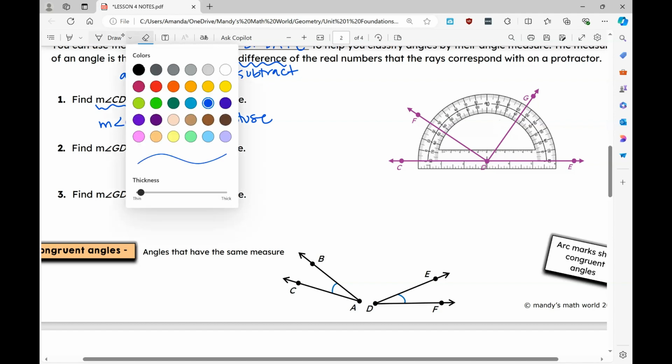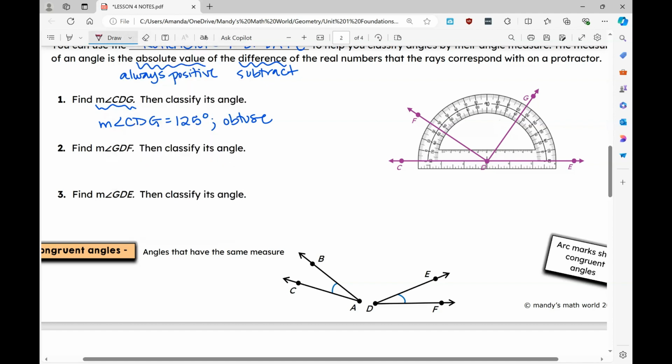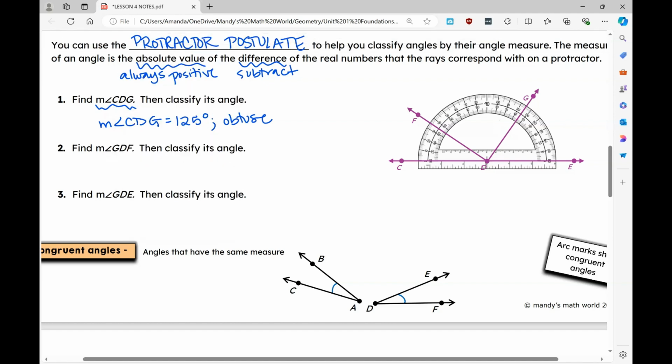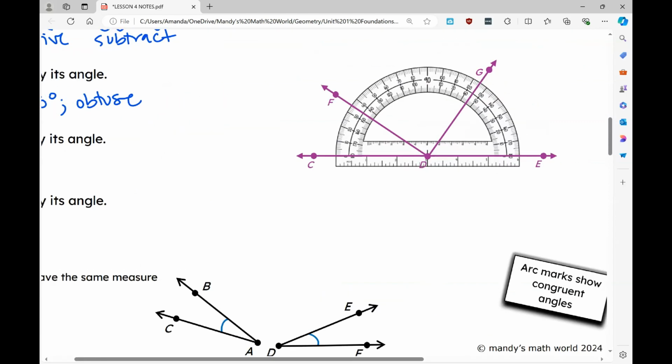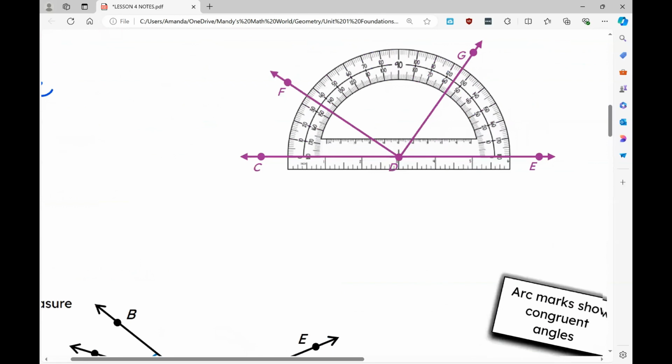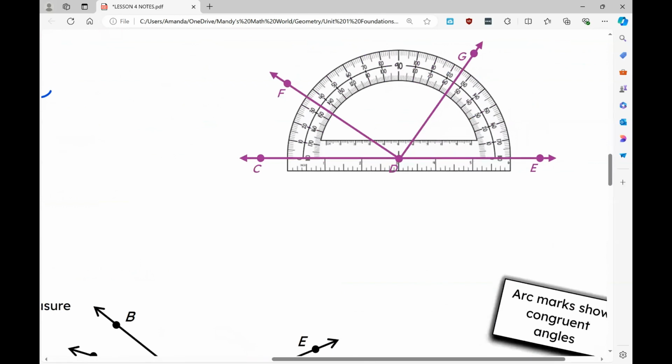The next one says the measure of angle GDF. GDF. Okay, well, neither of these rays, ray DG or ray DF, lies on the bottom line. So what I'm going to do, and I'm going to zoom in, is I'm going to use on this protractor either the outside numbers or the inside numbers.